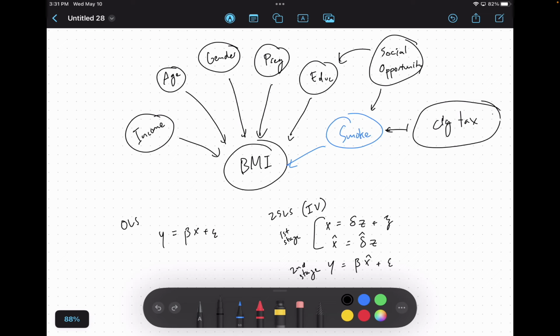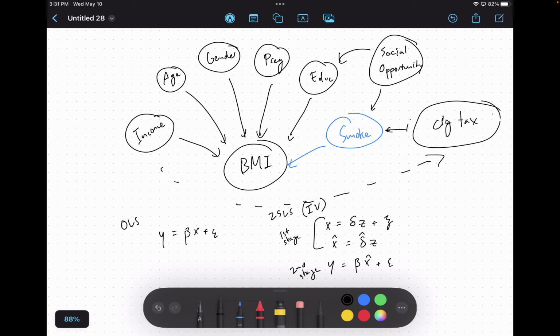What if we argue there's a relationship between income and cigarette tax, but we actually care about the strength between smoke and cigarette tax? If the relationship between income and cigarette tax is really weak, then it's probably the case that the cigarette tax and smoke relationship is relatively strong, so we can relax that assumption that nothing's going on between cigarette tax and income.